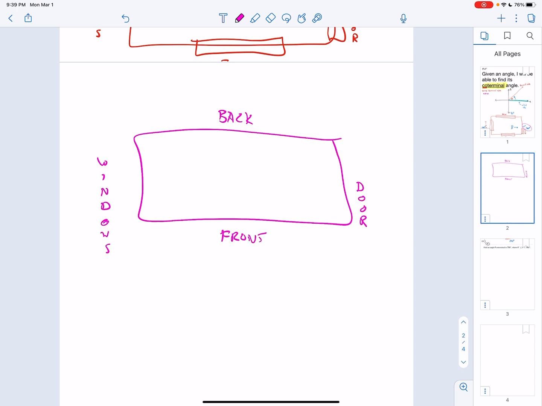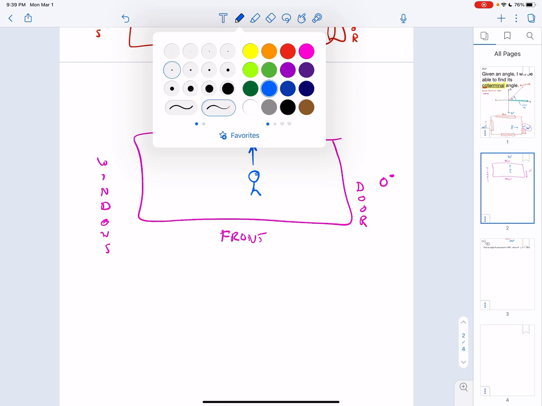Okay, and let's say, by default you're facing the door, which is 0 degrees. If you were to turn 90 degrees, you would be facing in the back direction because this is where 90 degrees is. Okay, here's another scenario.